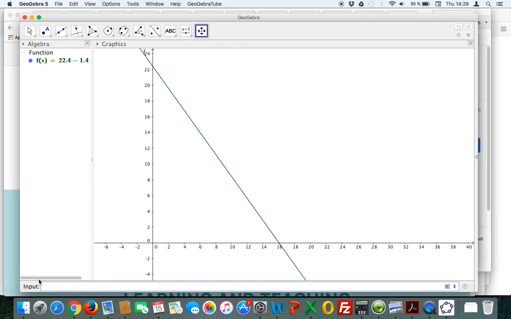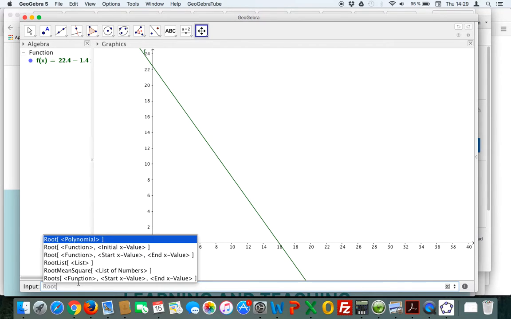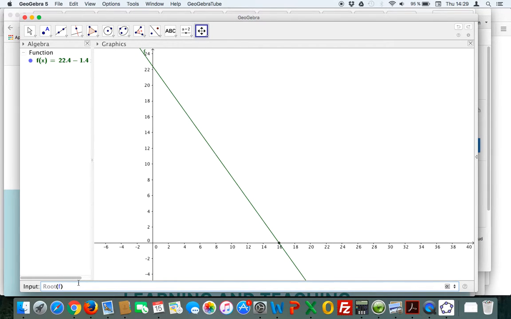There's lots of functions built into GeoGebra, and the function to find the roots is the Root function, ROOT, brackets and then f. That'll give me the root of the function f. I press enter, and it gives me the point A, the root of the function f, and it has coordinates 16, 0. Let's close that window.